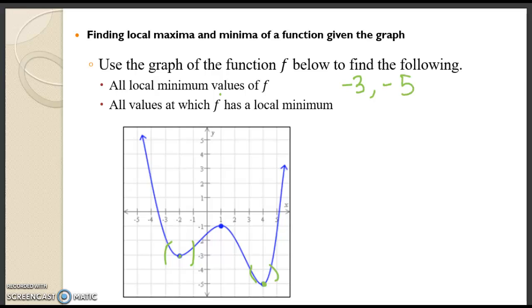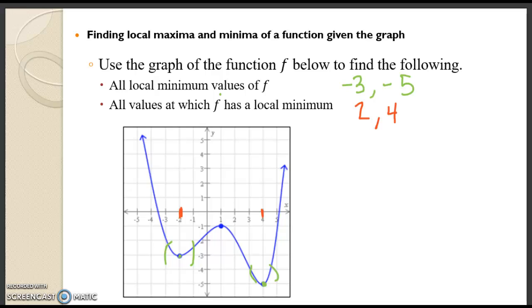But when it says all values at which f has a local minimum, those become our x values at those points. So that would be at 2 and 4.